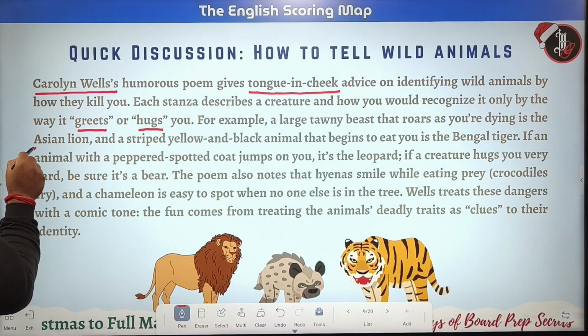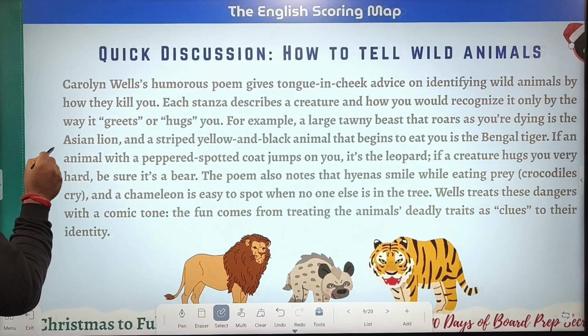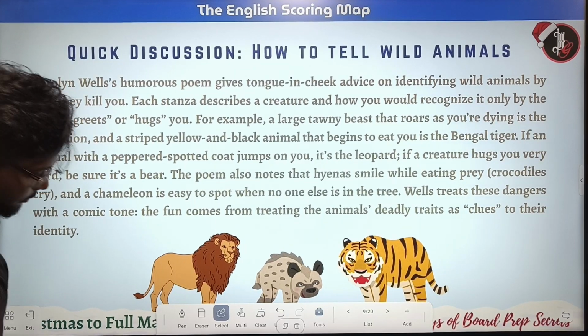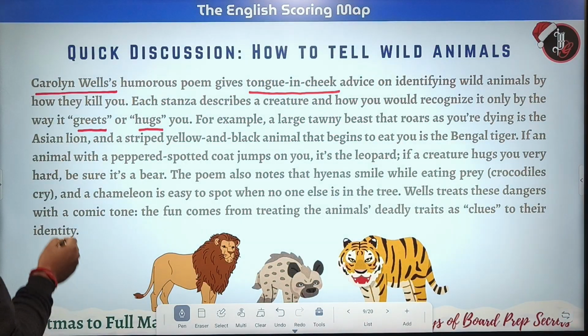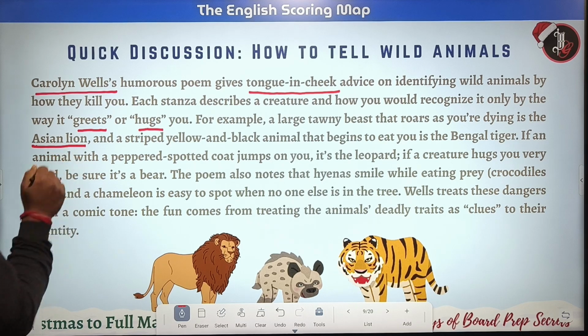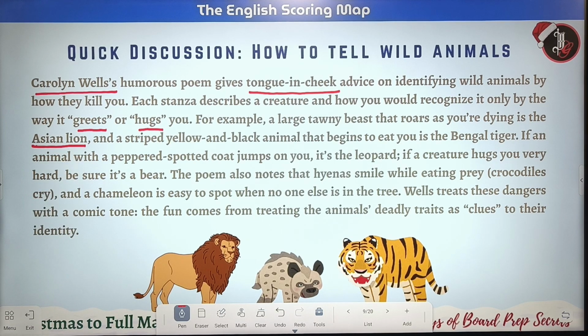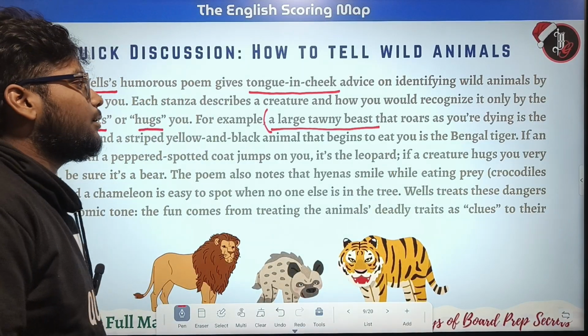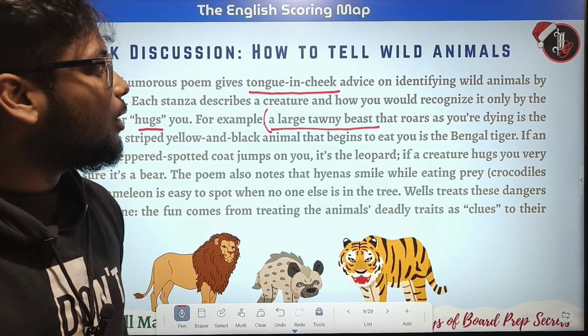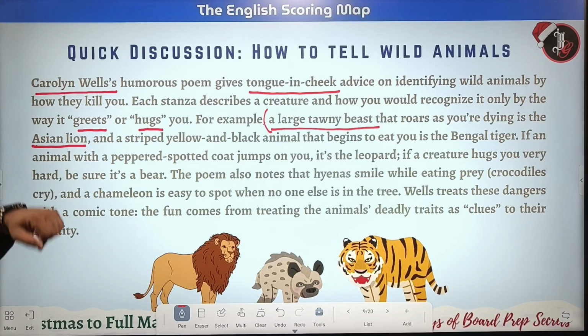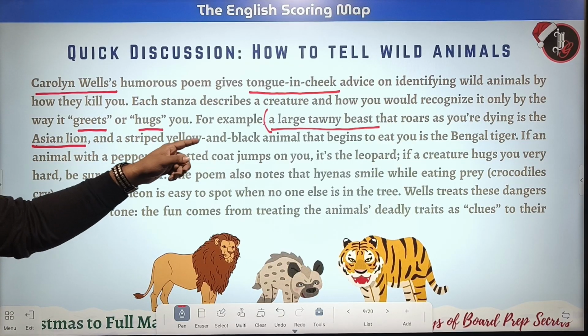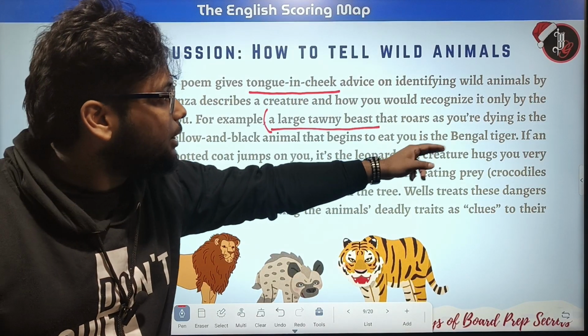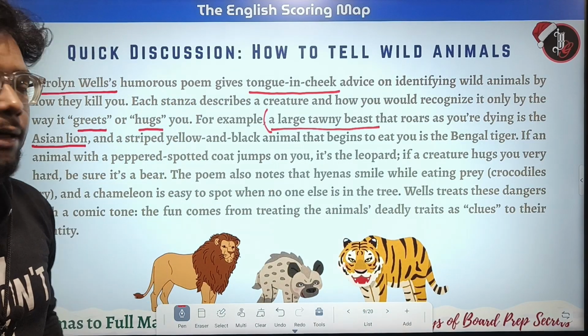Sorry for the mishap. So what is the Asian lion? He has said that a large tawny beast that roars as you are dying is the Asian lion, and the striped yellow and black animal that begins to eat you is the Bengal tiger.